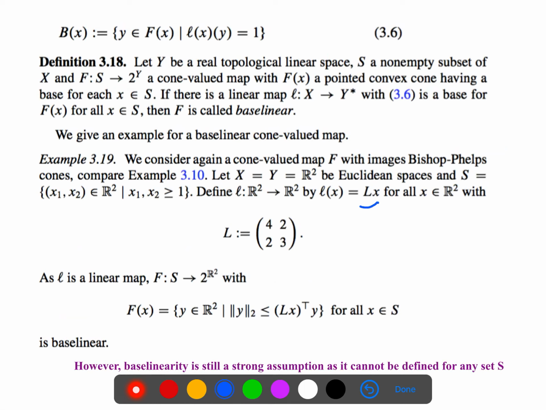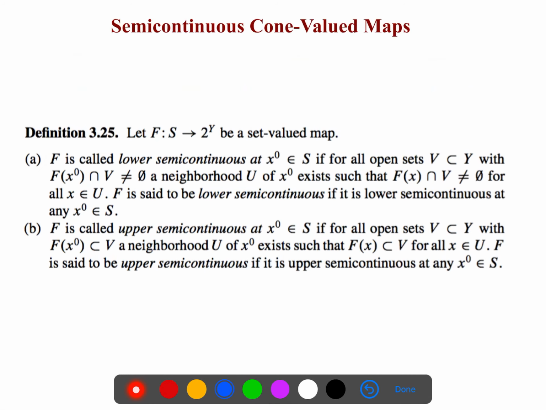The point I want to make is that we have a definition of lower semi-continuity, a generalization for set-valued maps. For example, for a single-valued map, we have a function which is lower semi-continuous, but this is single-valued.